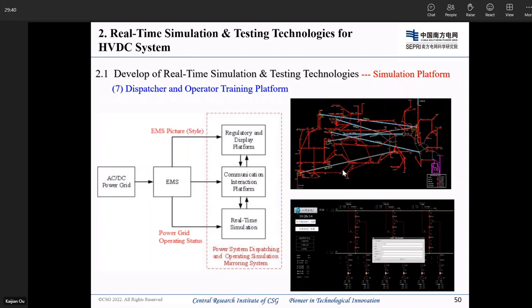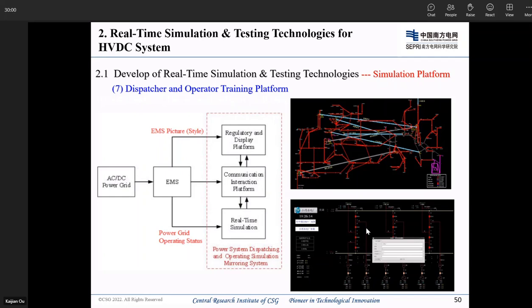In this picture you can see we can connect with RTDS. We have an interface connected together, and after the simulation, the result is input in the display platform.